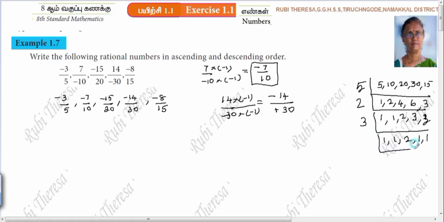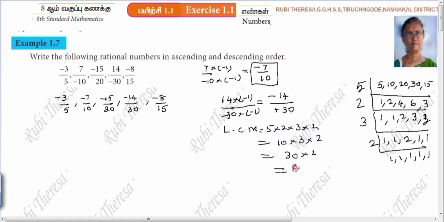Again 2. Then 1 1 1 1, and 1 2 is 2. So here you have to take out the LCM. LCM equals 5 into 2 into 3 into 2. 5 2s are 10, 10 into 3 is 30, 30 into 2 is 60.